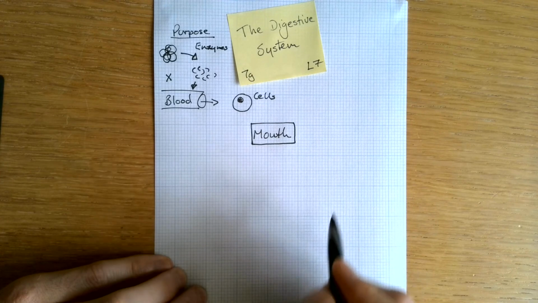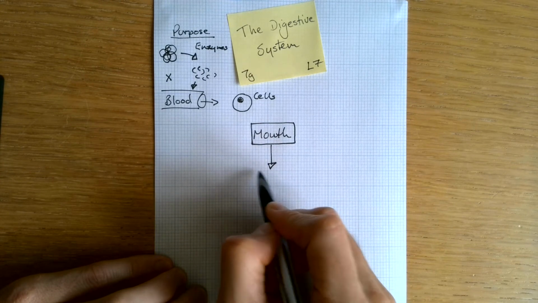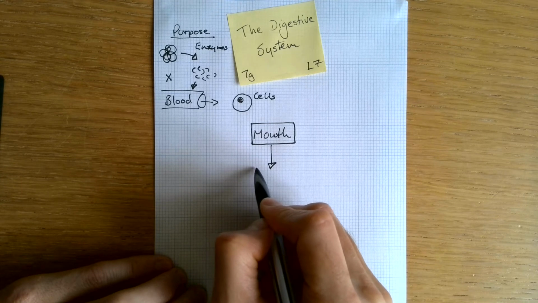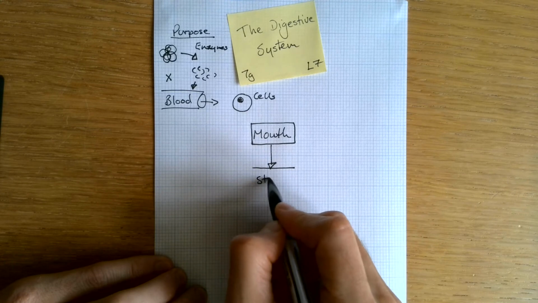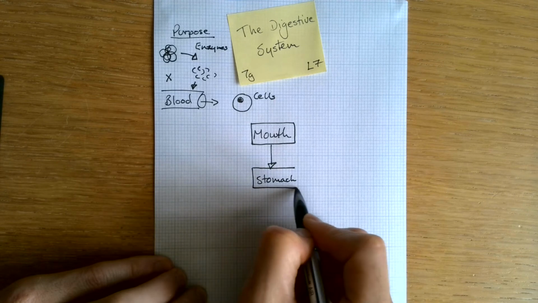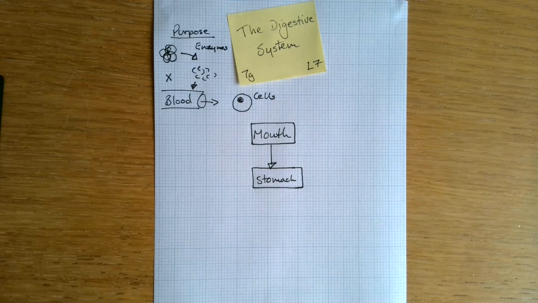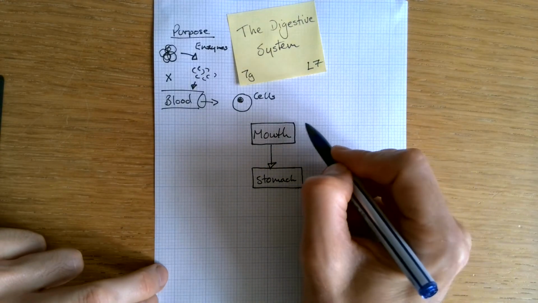From the mouth we then move on to the stomach, and the food only stays in the mouth for sometimes seconds, maybe between 10-30 seconds, depending on what you're eating. We then move on to the stomach, and before we get to the stomach there's a couple of things that happen inside the mouth. We obviously have chewing.